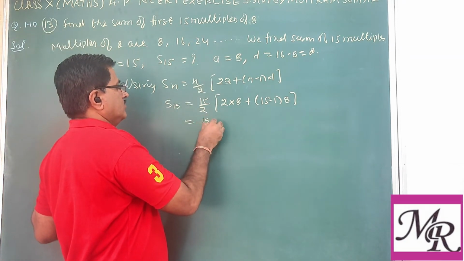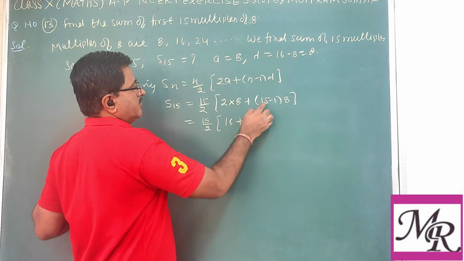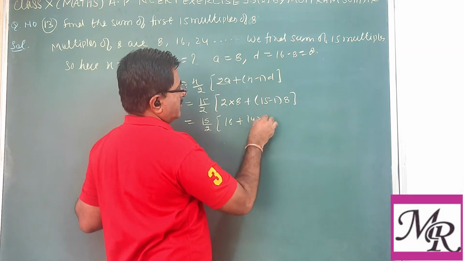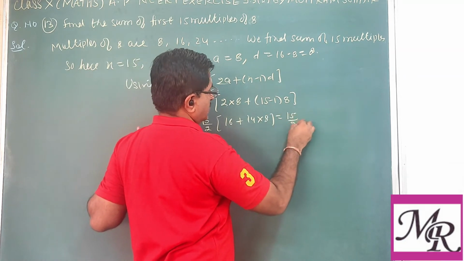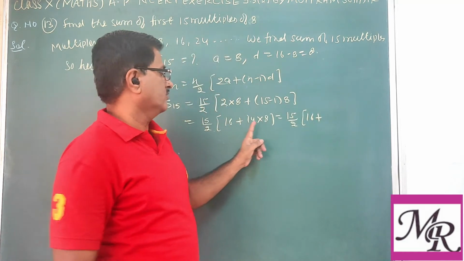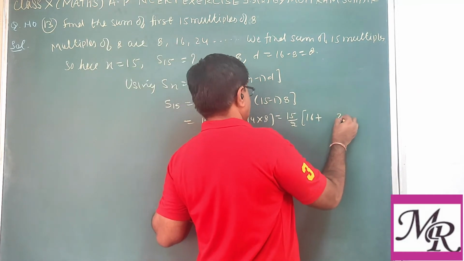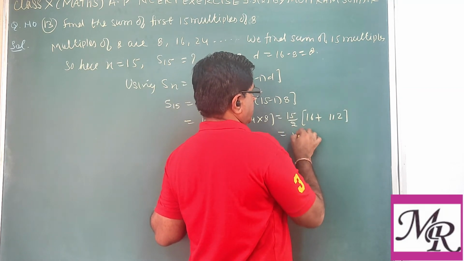S15 equals 15 by 2 into (2 into 8, that is 16, plus 14 into 8, that is 112). Now 16 plus 112 is 128.